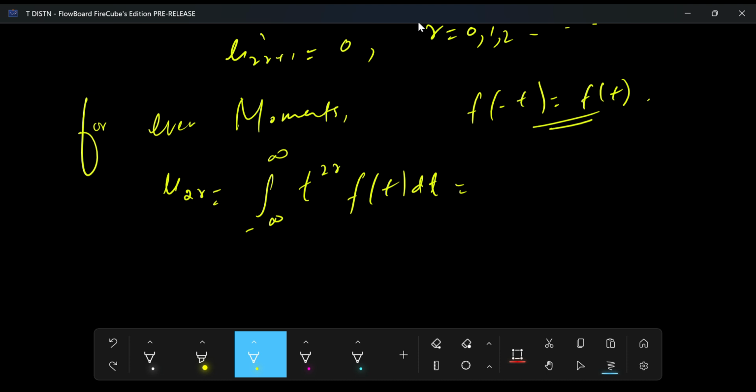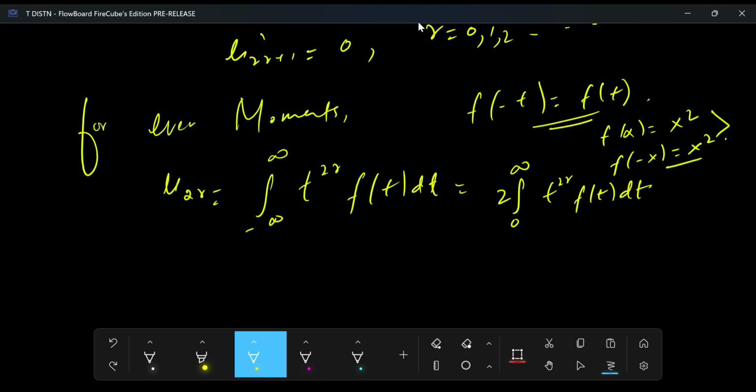If I say f of x is equal to x square, then f of minus x will also be x square, so this is my even function. As you know the property of integrals for even functions, that's 2 times the integral from 0 to infinity of t to the 2r f of t dt.